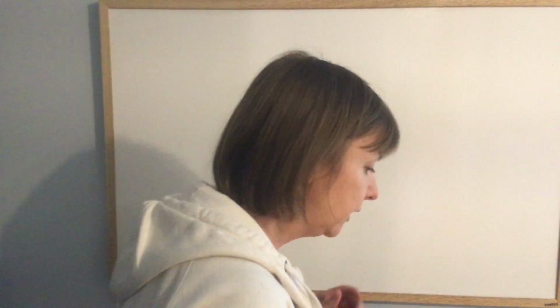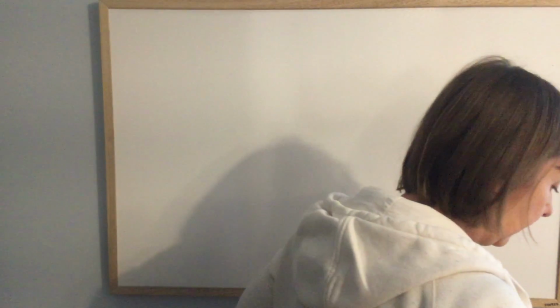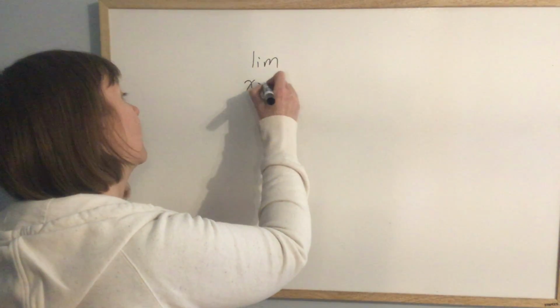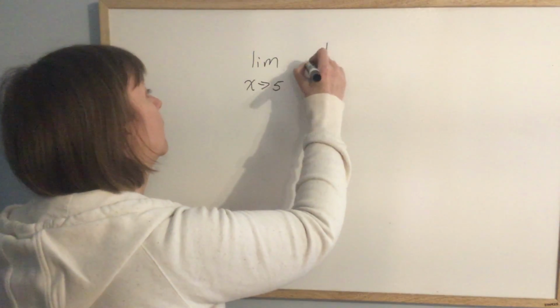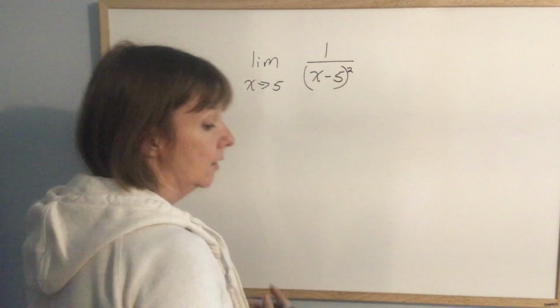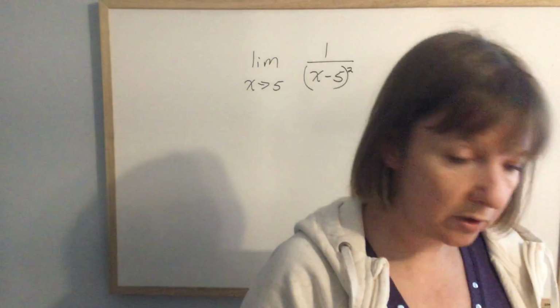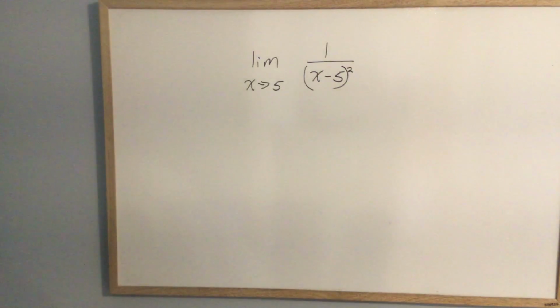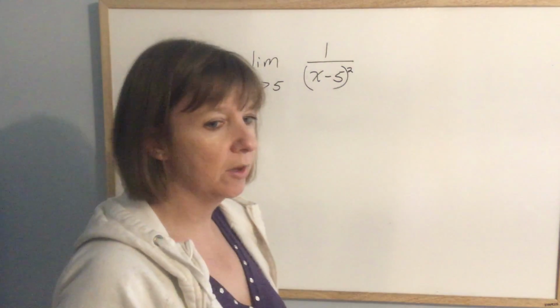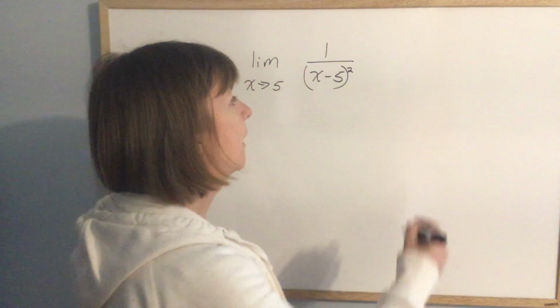Okay, so 3 just says find each limit, and it says find the limit as x approaches 5 for 1 over (x minus 5) squared. So we can't put 5 in there as a value because 5 take away 5 will put 0 on the bottom of a fraction, and we can't have that.